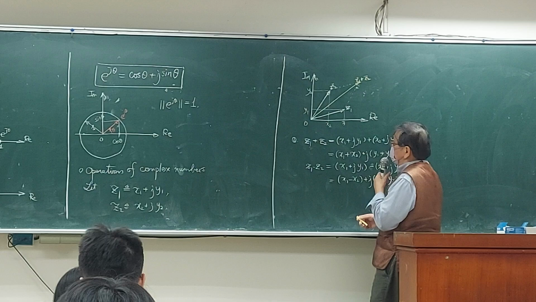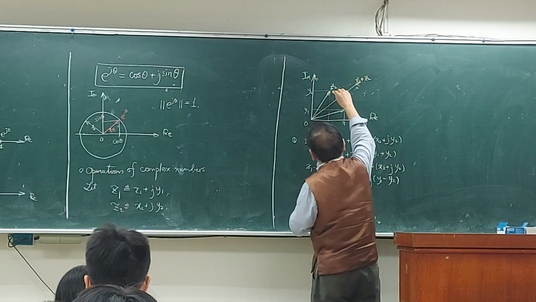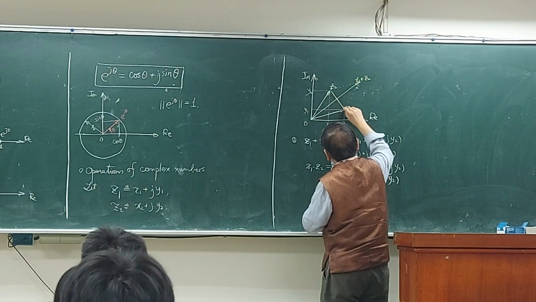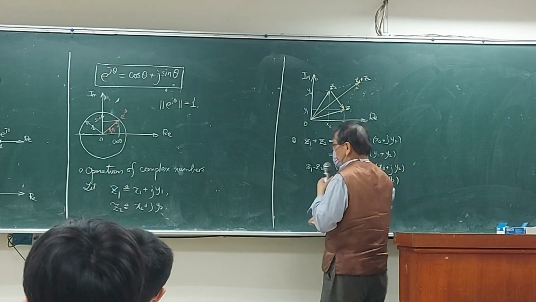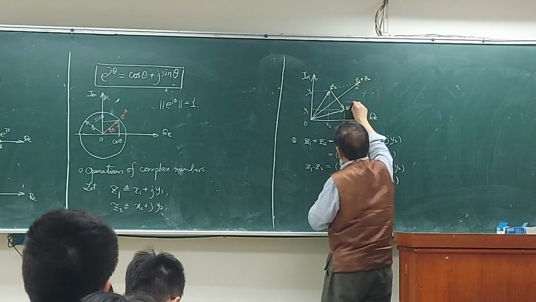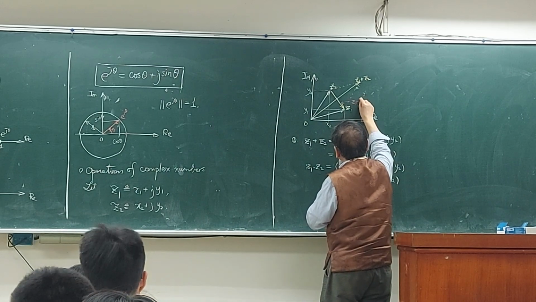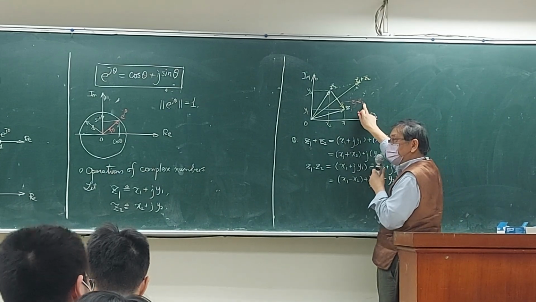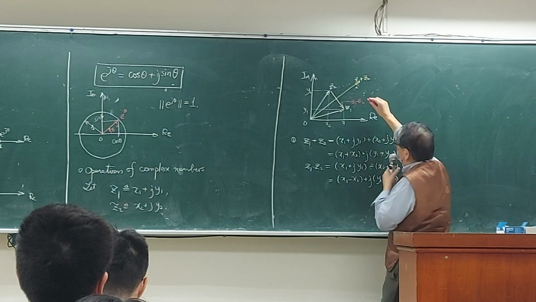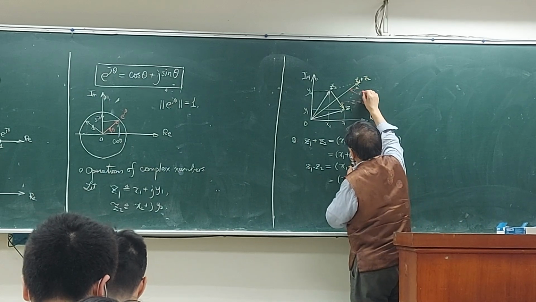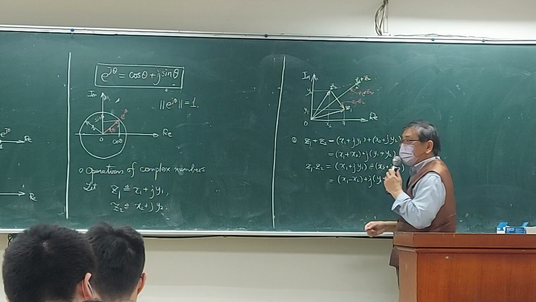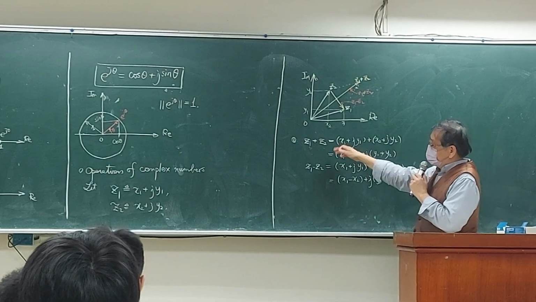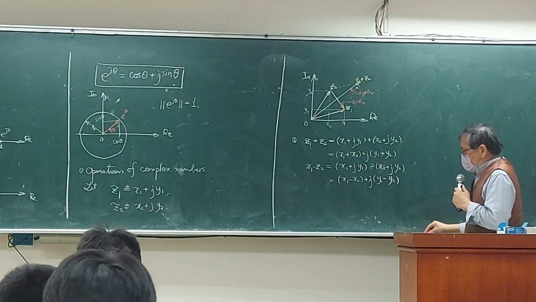And similarly for z1 minus z2, which is z1 relative to z2. So treat them like vectors. And this one is simply the vector sum of z1 and z2. The subtraction and addition are pretty much the same as for two-dimensional vectors.